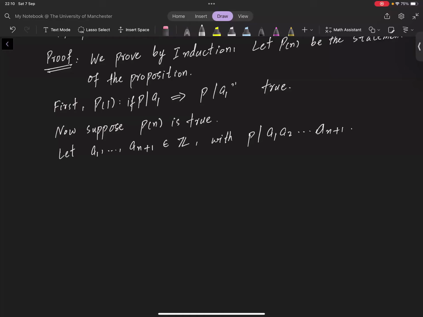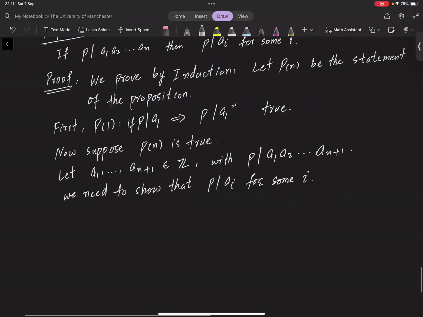Right? We need to show that P divides some of them for some I. And to show that, let's do that.